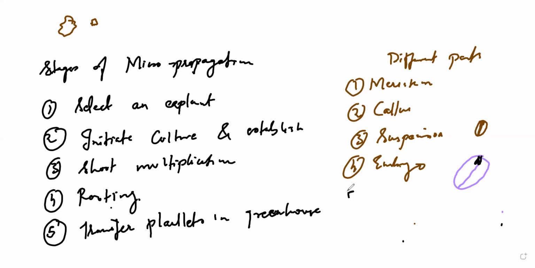And the fifth one is protoplast. By using protoplast also, you can grow a new plantlet. As compared to the other propagation methods, micropropagation is a well-developed method, and most probably if there is no contamination, you get good and healthy plants.